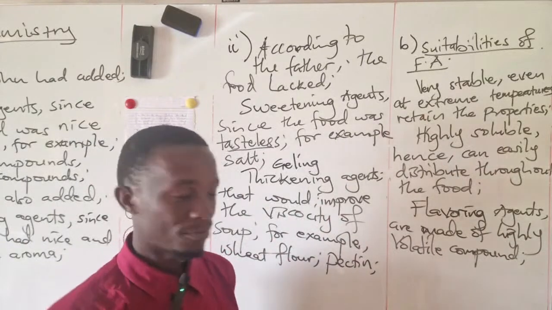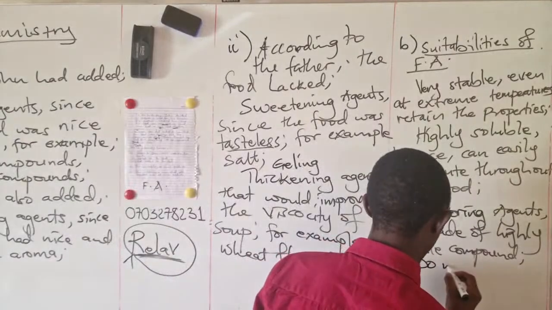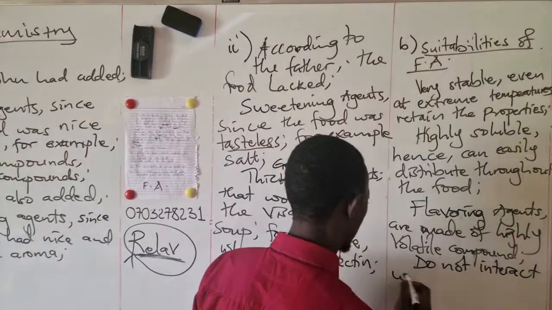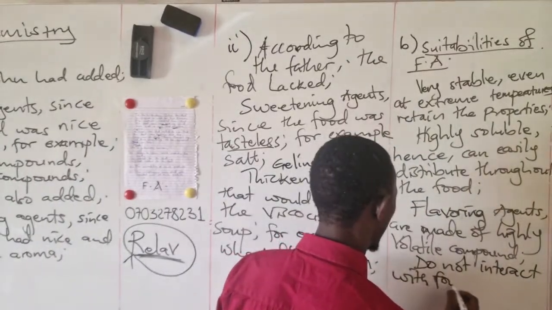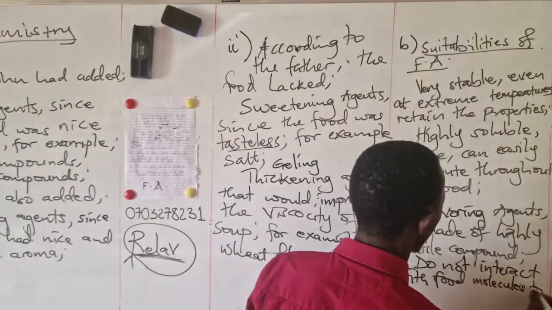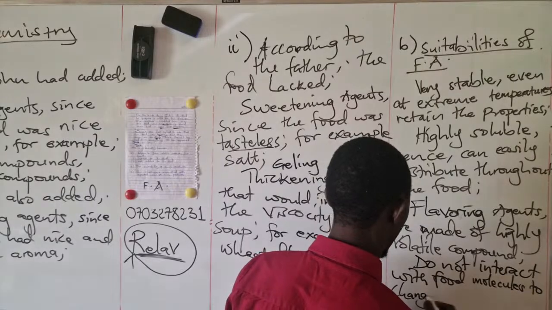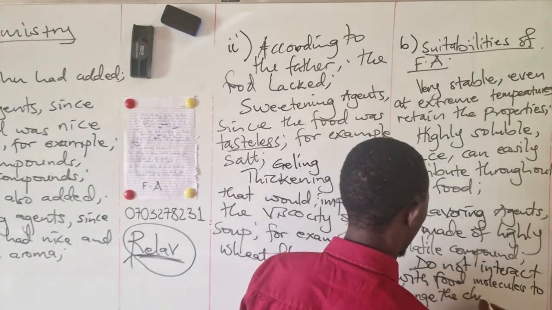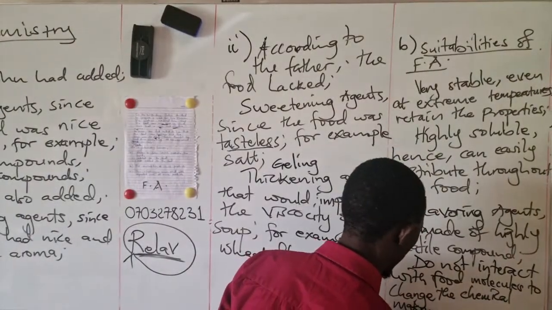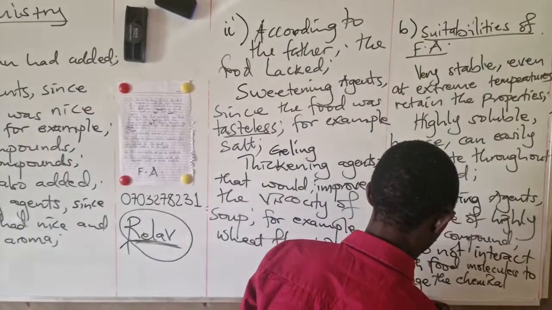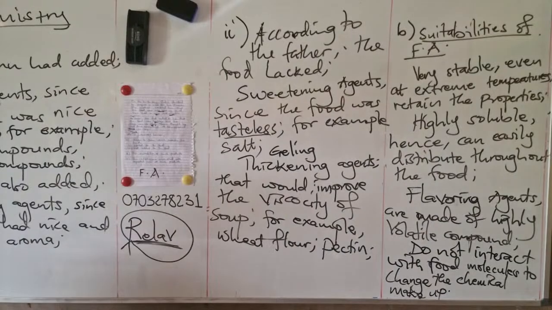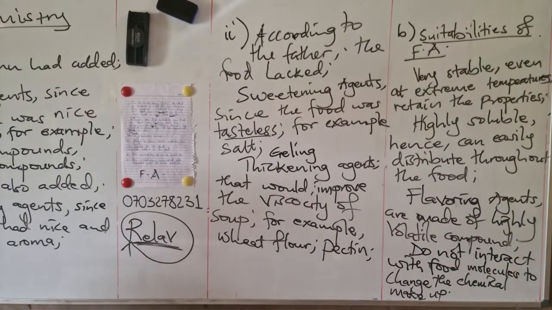So these ones do not interact with the food molecules to change the chemical makeup. So the food remains with its chemical properties even when we add those food additives.